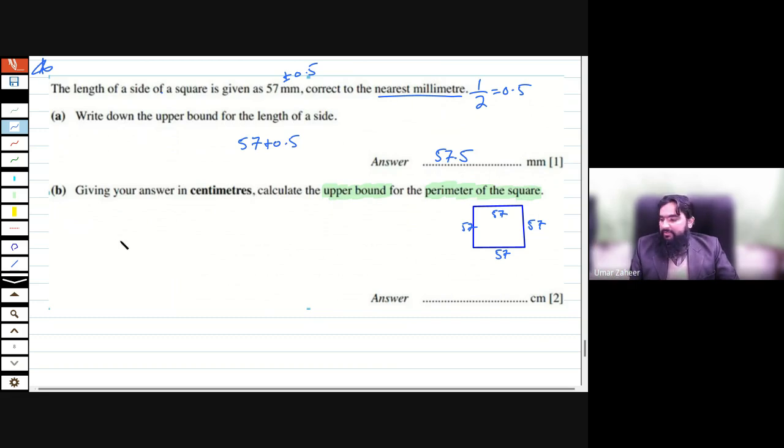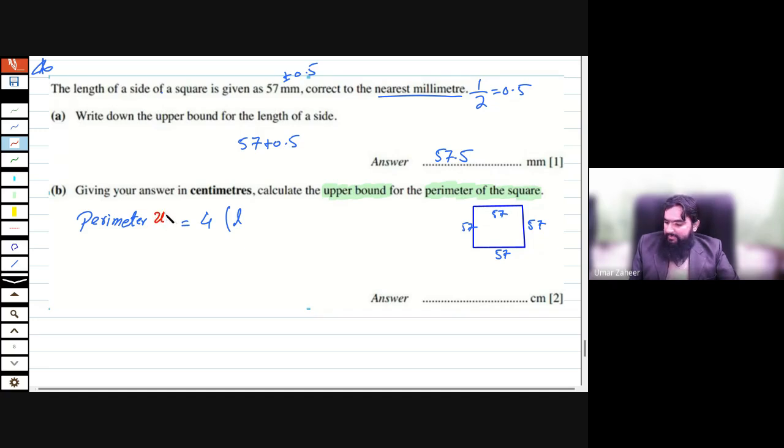Okay, length plus width, and length and width are going to be the same here because it is a square. So perimeter is equal to 4 times length. So we have to find the upper bound.